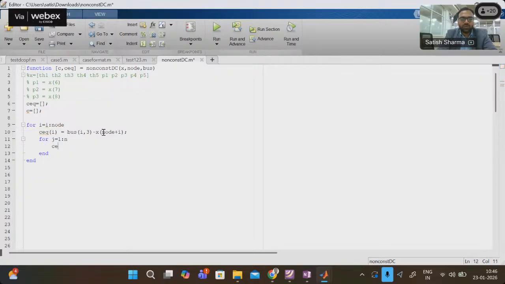So I will again use Ceq of i, the ith equality constraint, and then I will add Pij, Pi comma j. Pij was equal to theta i minus theta j upon xij. Is this correct? So Pij is theta i minus theta j upon xij. Yes or no?